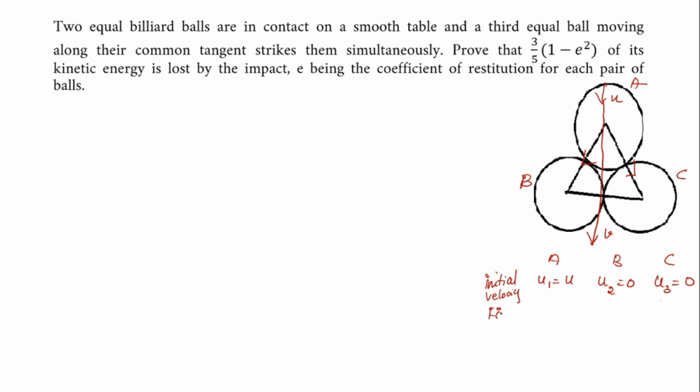According to the final velocity, the ball strikes with u, and it has some final velocity v1 for the ball A, and B and C both have the same velocity, so v2 is equal to v, and v3 is equal to v because they have the same velocity.